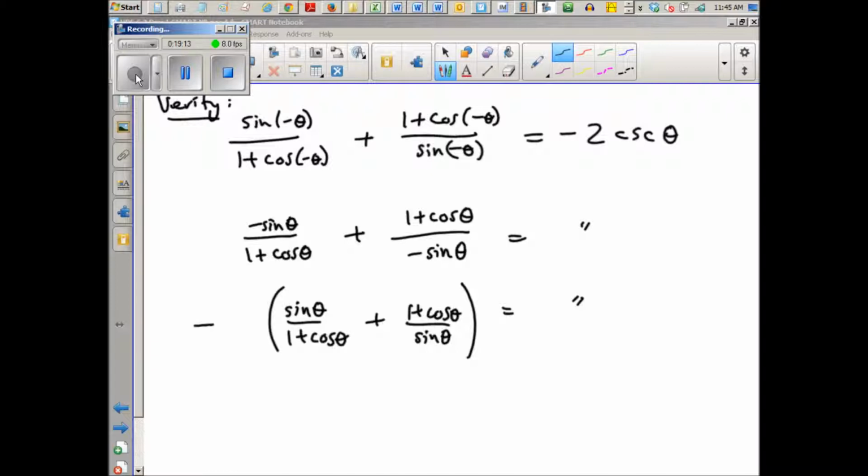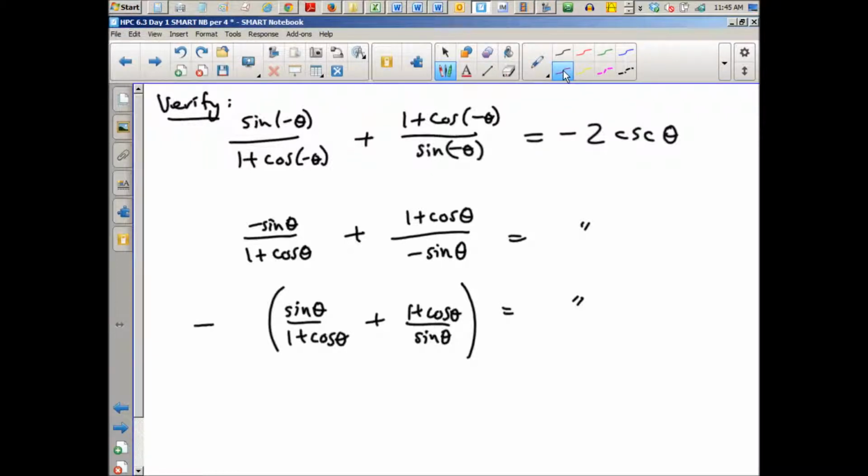Okay, so on this, you want to go ahead and try to combine the fractions. You can use this method if you like. You can multiply this up to here and multiply this up to here. And then the lowest common denominator is obviously just 1 plus cosine times sine. So it would look like this.